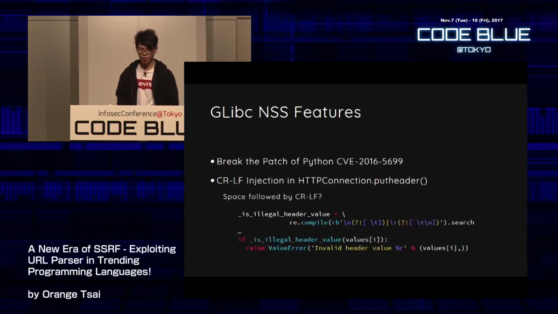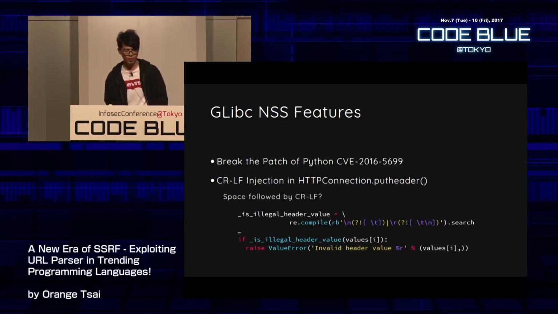Let's break the patch of Python CVE-2016-5699. It's a CRLF injection in the function putheader of the module httplib. It also affects both urllib and urllib2 because they use httplib to construct their HTTP request.